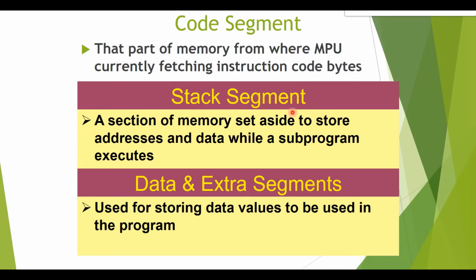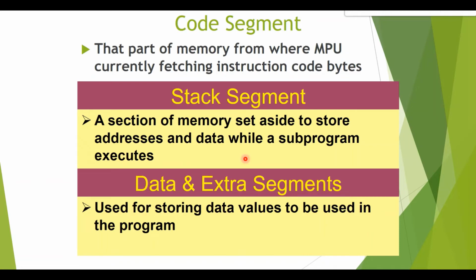Then we have the stack segment. As we know in 8085, when we write any subroutine, then we have to store some data in the stack. So when we store the data in the stack, we have to define the stack by using the stack pointer. So here we divide the memory in stack segment.